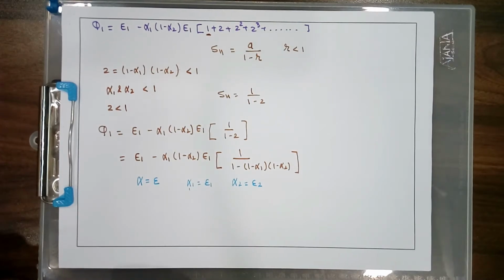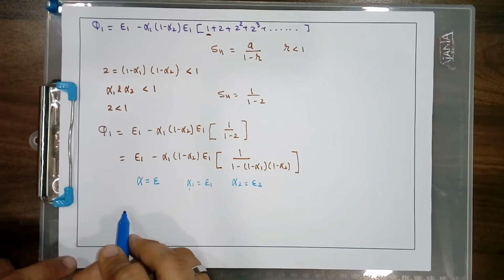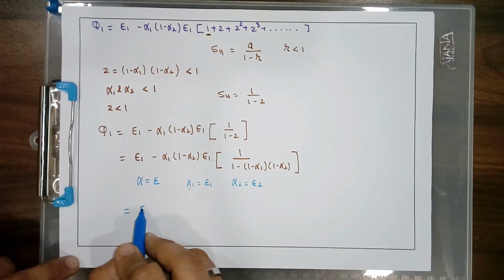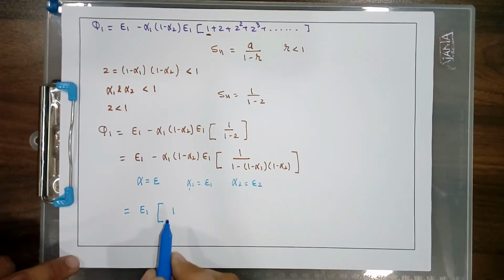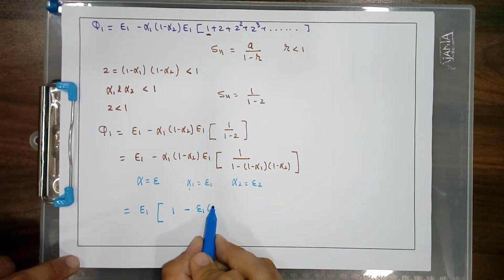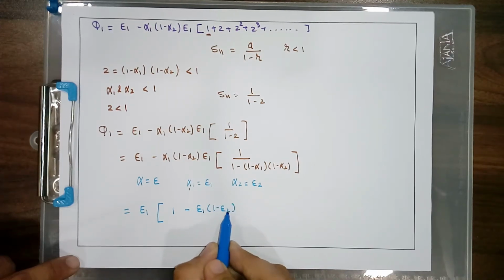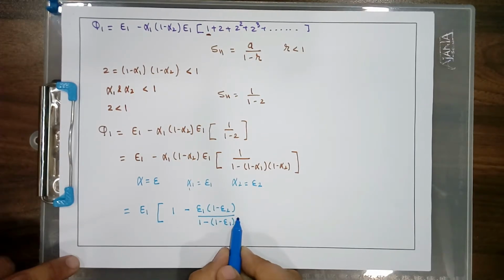So now we put it down, as well as take E1 common from all of that. E1 is taken out common from both the terms, so in the bracket we get 1 minus emissivity 1 (1 minus emissivity 2), divided by 1 minus, in the bracket, (1 minus emissivity 1)(1 minus emissivity 2).